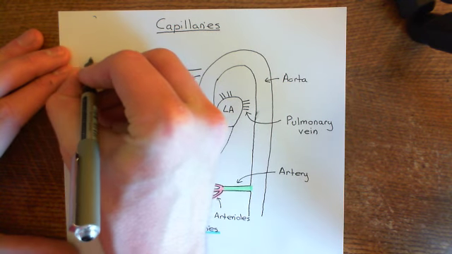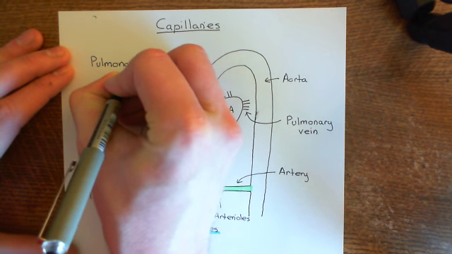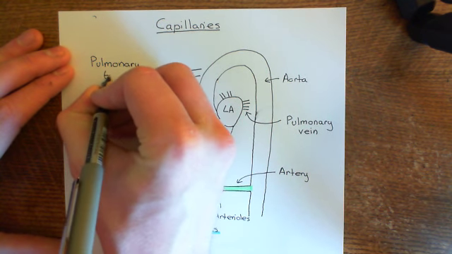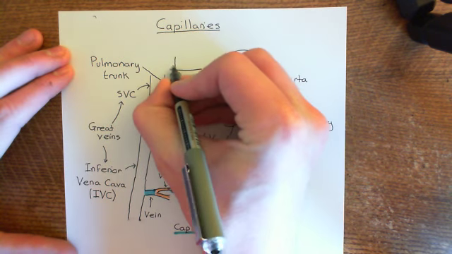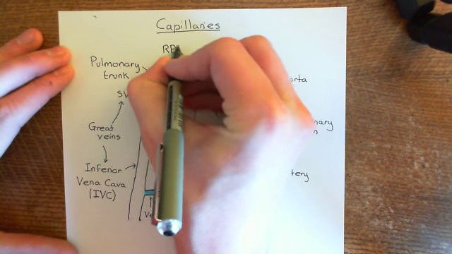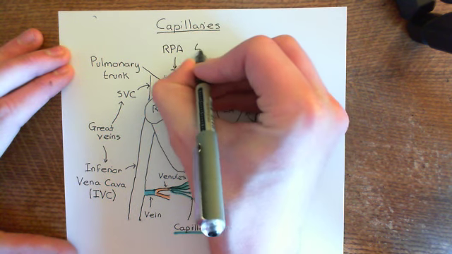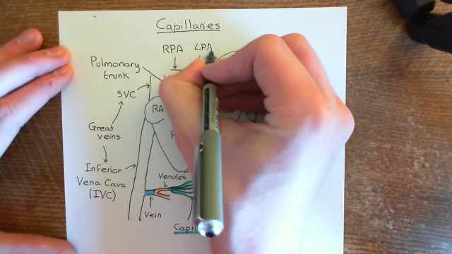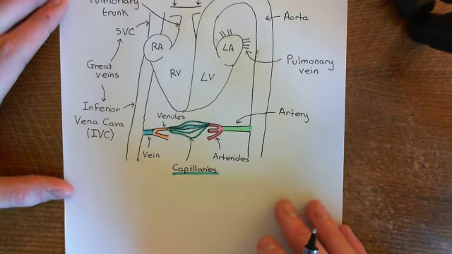This is the pulmonary trunk, and then it splits into the two pulmonary arteries: the right pulmonary artery, which supplies the right lung, which I'll just abbreviate to RPA, and then the left pulmonary artery, which supplies the left lung. Right, so that's our bigger picture of the circulatory system.